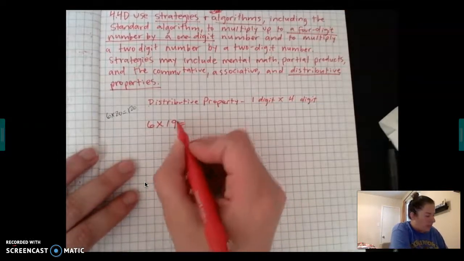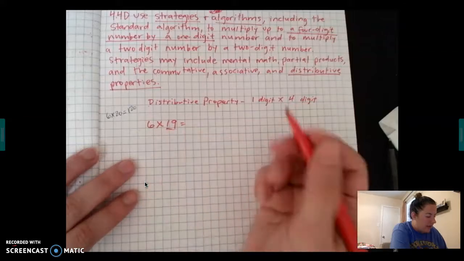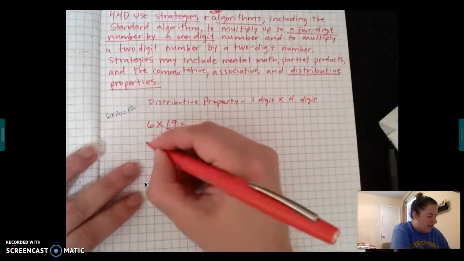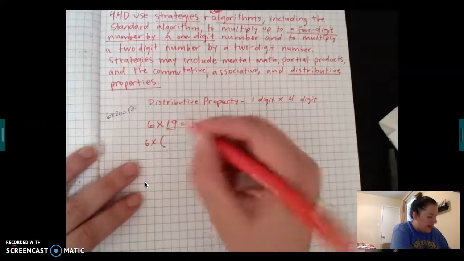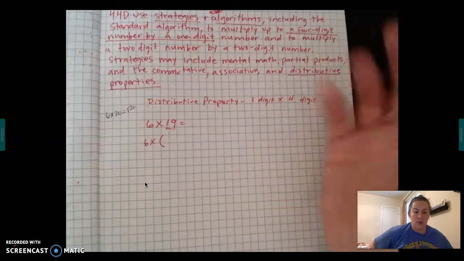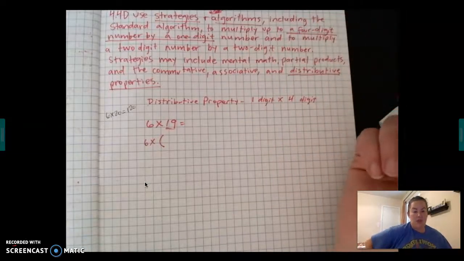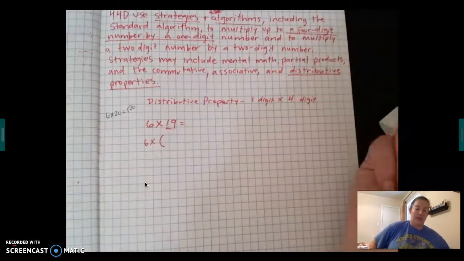So the distributive property is where I'm going to break apart this second number. So I can think of, okay, 6 times 19. I can separate it and break it apart into different things. So what plus what equals 19? There's a lot of different options to choose from. I could say 10 plus 9.